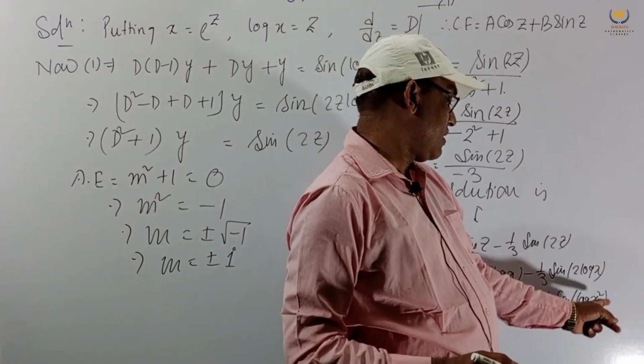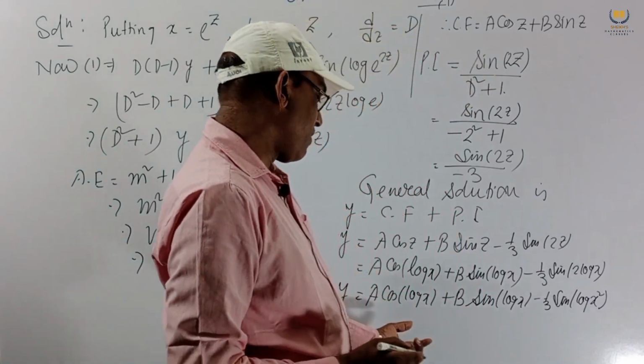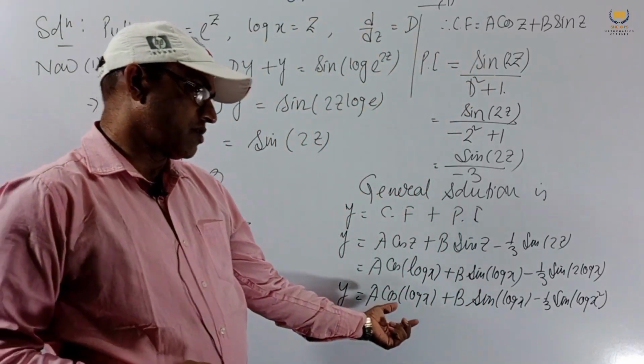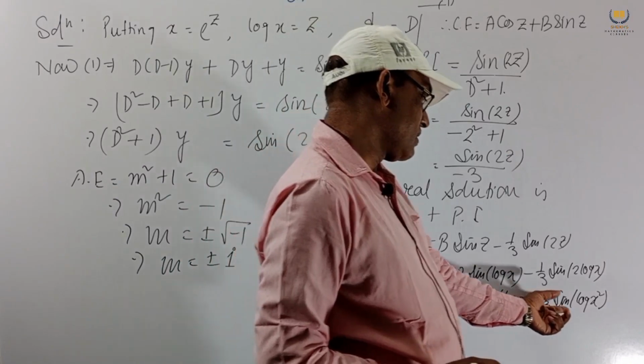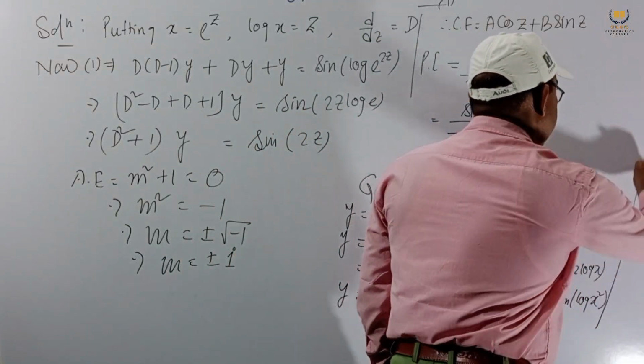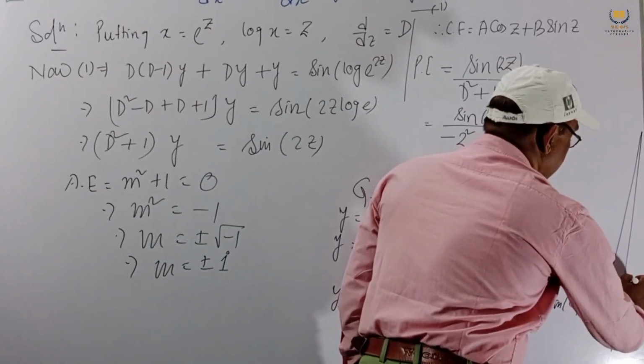This 2 becomes here x square. So this is the final answer: A cos of log x, B sin of log x minus 1 by 3 sin log x square, and this is our final answer.